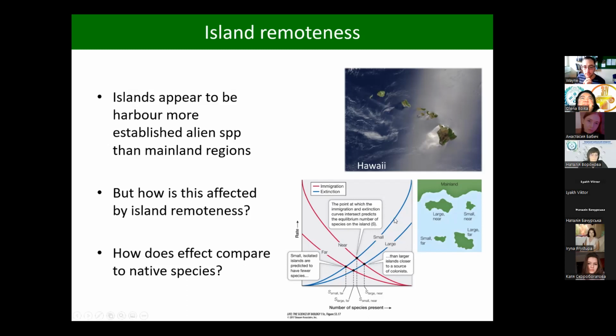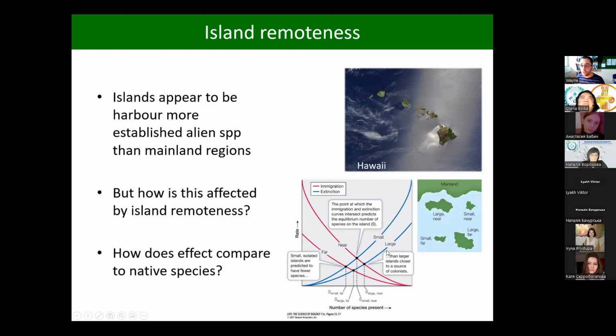So there are two rates that really dictate the number of native species that we see on islands. They are the immigration rate, shown in red, and the extinction rate, shown in blue. We'll talk mainly about immigration rate, because that's the most relevant for this study. But the rate of extinction on islands is supposed to be lower if you have larger islands.